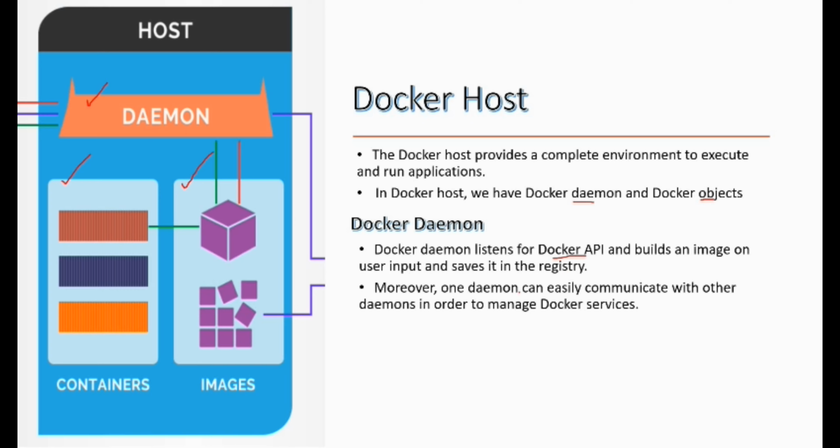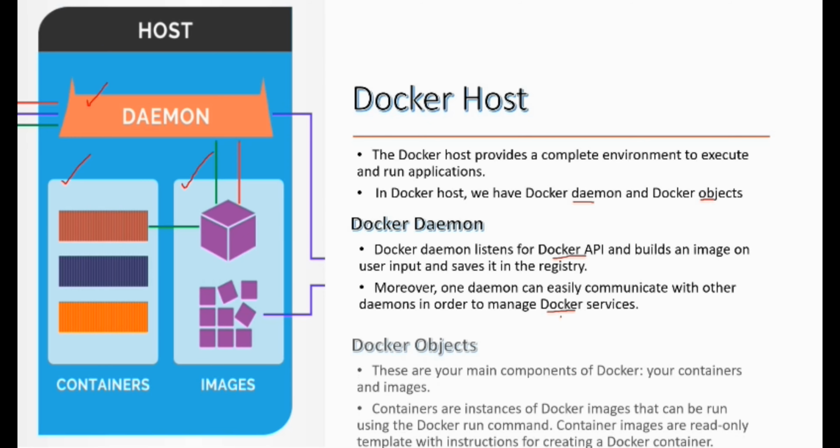Moreover, one daemon can easily communicate with other daemons in order to manage the Docker services. So we don't have one Docker client talking only to one Docker daemon. We can even have more daemons talking to multiple daemons as well.